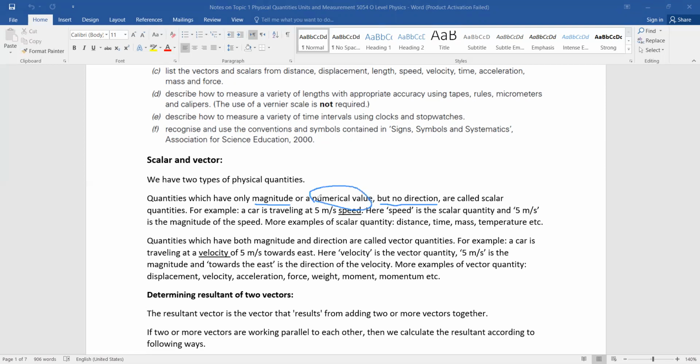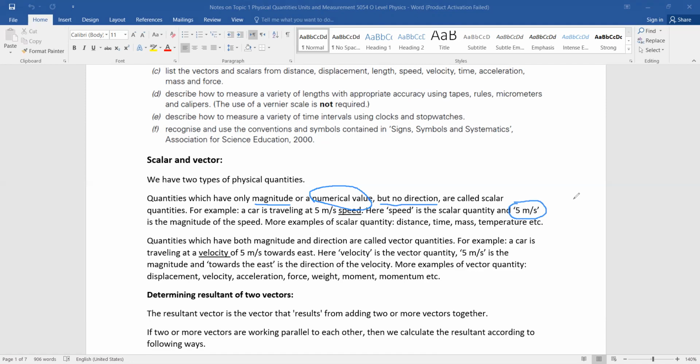You see, I gave here one example. A car is traveling 5 meter per second. So this 5 meter per second is the magnitude. Clear? This one is giving you one numerical value.